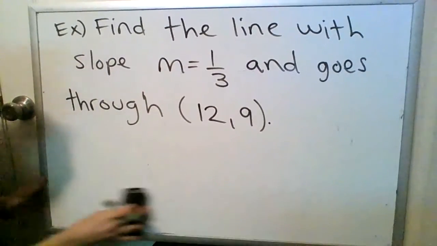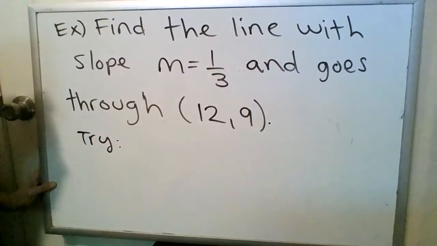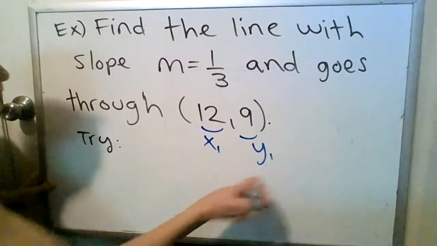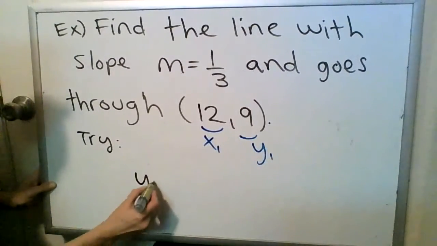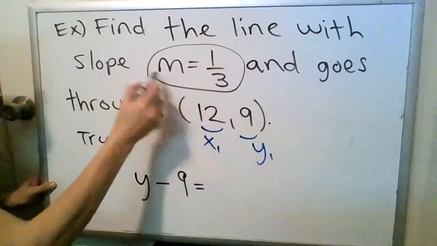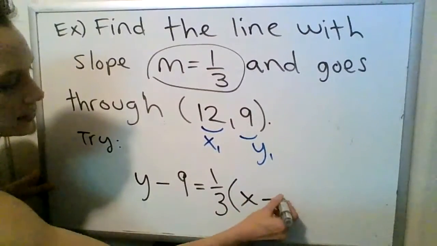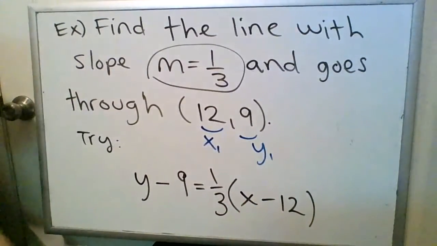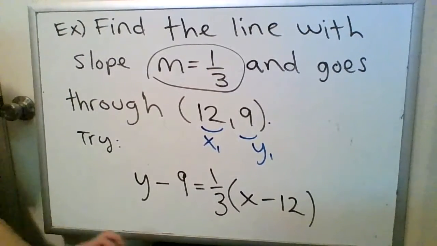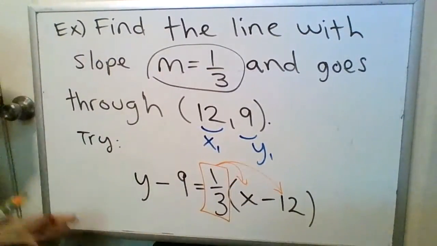Okay, I'm going to try that point slope form. We have y minus y1, and also this is x1, that's y1. So start with y subtract 9 equal to the slope of 1/3 multiplied with x minus x1. We've got x subtract 12. Distribute 1/3 to both of those two terms, x and -12.